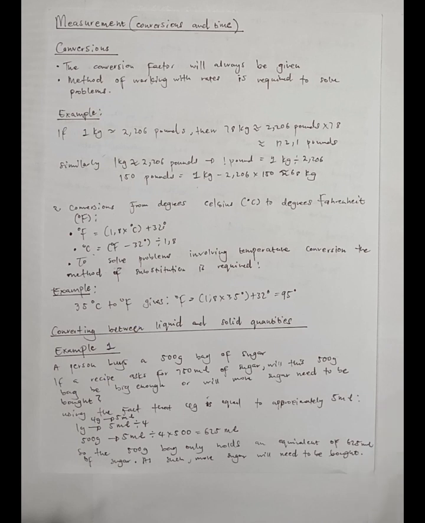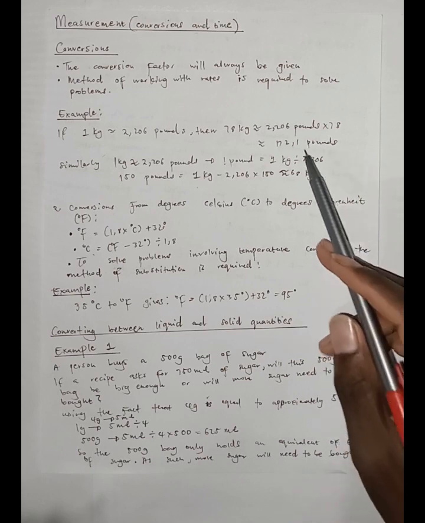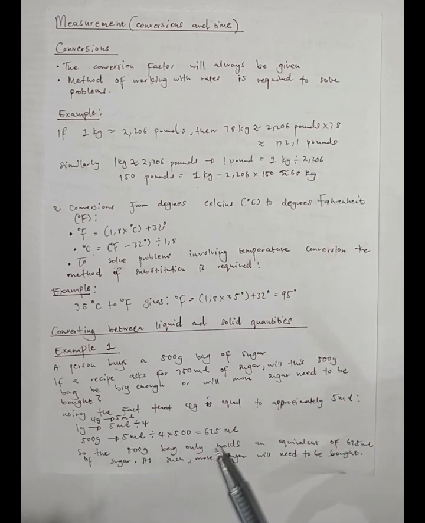If 1 kg is equivalent to 2.206 pounds, then 78 kg is equivalent to 2.206 pounds times 78, which is equal to 172.1 pounds. Would you agree with this statement? Because look at this, 1 kg is equivalent to 2.206 pounds.